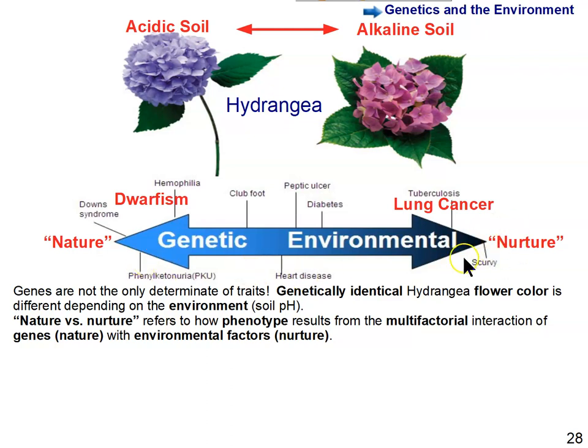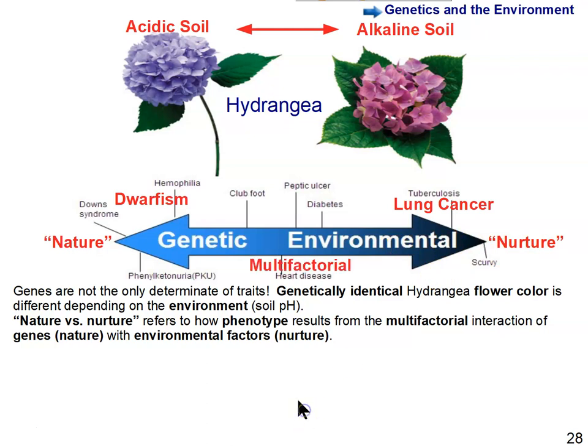At the other extreme, though, tuberculosis, scurvy, diseases in general that are caused by bacteria and viruses, and also things that you may be exposed to, like mutagens, carcinogens, like those contained in cigarette smoke. So you're much more likely to develop those things if you are exposed to the nurture, the environmental factors that cause them.